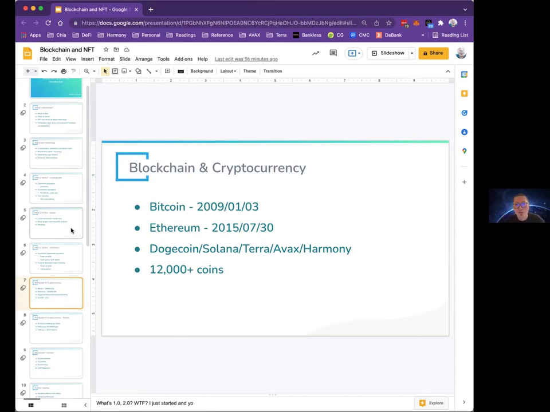Till today, there are more than 12,000 different coins publicly tradable and issued in the world. You can see it's only about 13 years. The total market cap of all the cryptocurrency is around $2 trillion in total.